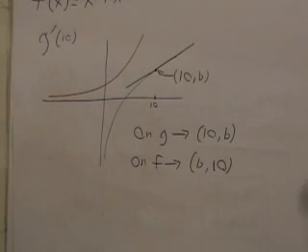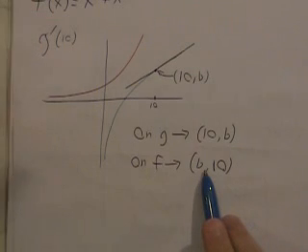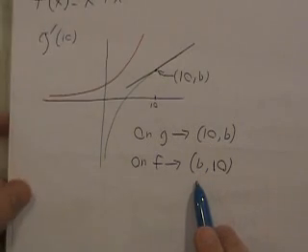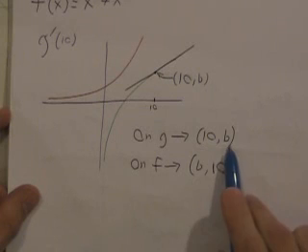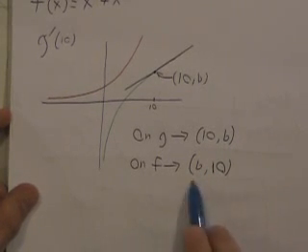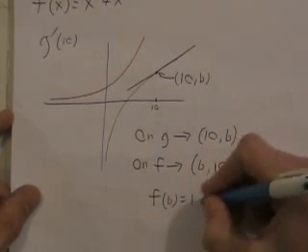As soon as you get these things, you know that you're going to need that value of B. I'll tell you why in a minute, but you have to realize it from now. So if 10, B is on G, then B, 10 must be on F, and this must mean that f of B equals 10.